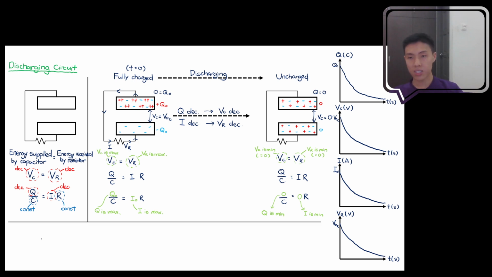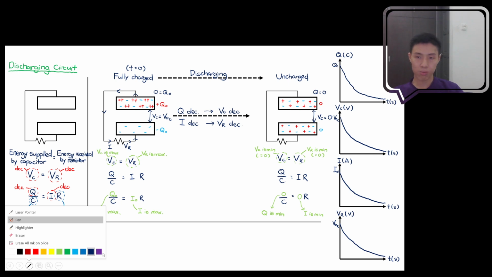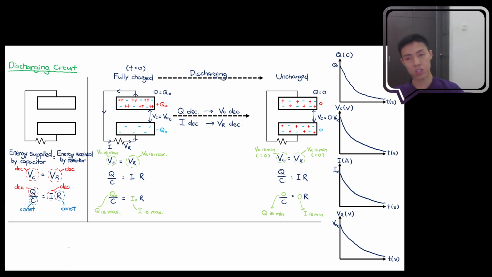Yes, it's all decreasing. I believe we have discussed in a previous video that if it's an exponentially decreasing equation, the equation doesn't have the 1 minus, right? So the equation will be the standard exponential decay equation. Q is equal to Q naught e to the negative t over tau. Whereas VC is equal to V naught C e to the negative t over tau.